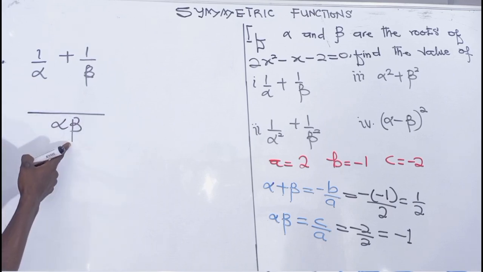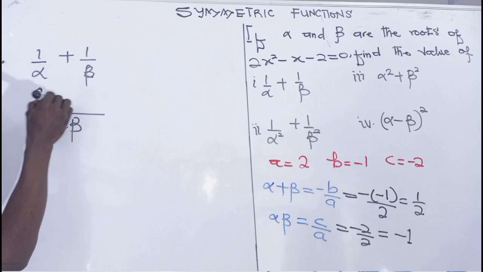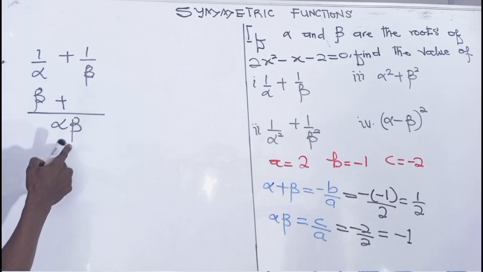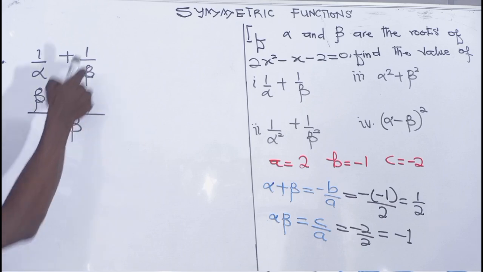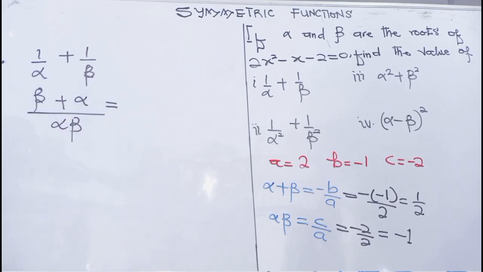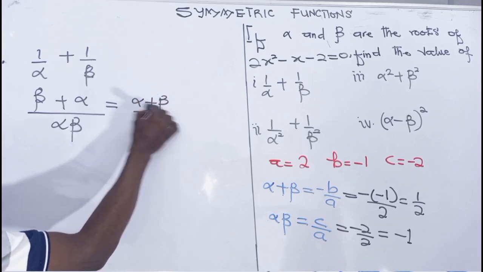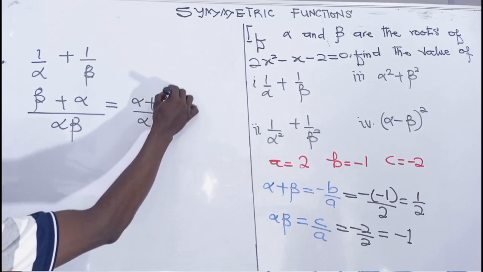Alpha into alpha beta, we have beta. Beta times 1 will give us beta. And then beta into alpha beta, we have alpha. Alpha times 1 will give us alpha. Since addition is commutative, we can rewrite this as alpha plus beta all over alpha beta.